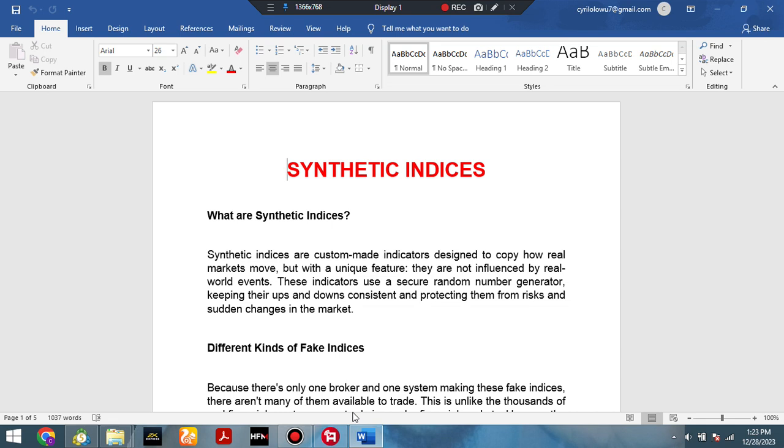On the Deriv platform, synthetic indices is one of the major pairs being traded worldwide, and it is only on Deriv you can get these pairs. So today I'm going to be introducing those pairs to you, what they are, how to trade them. But in this particular episode, I'm only going to tell you what synthetic indices are.